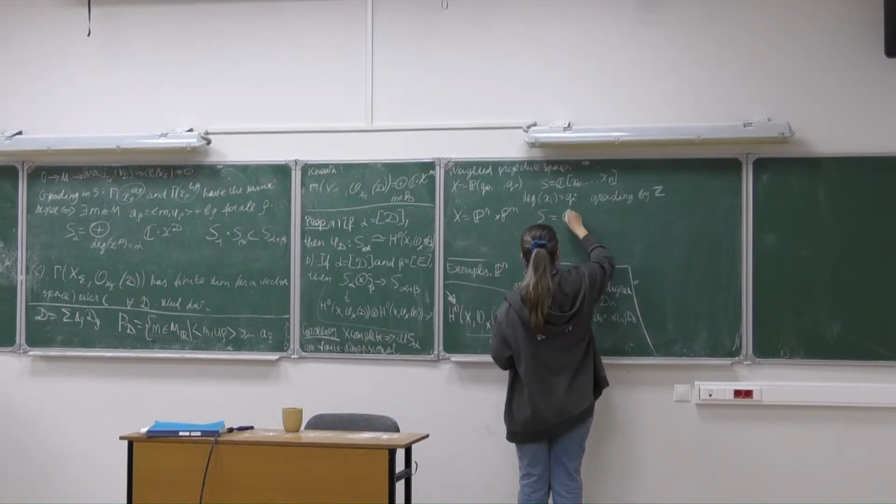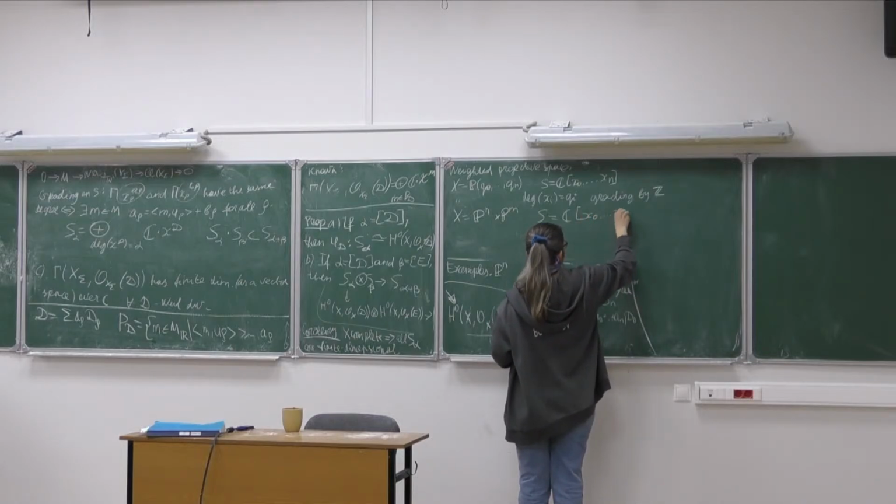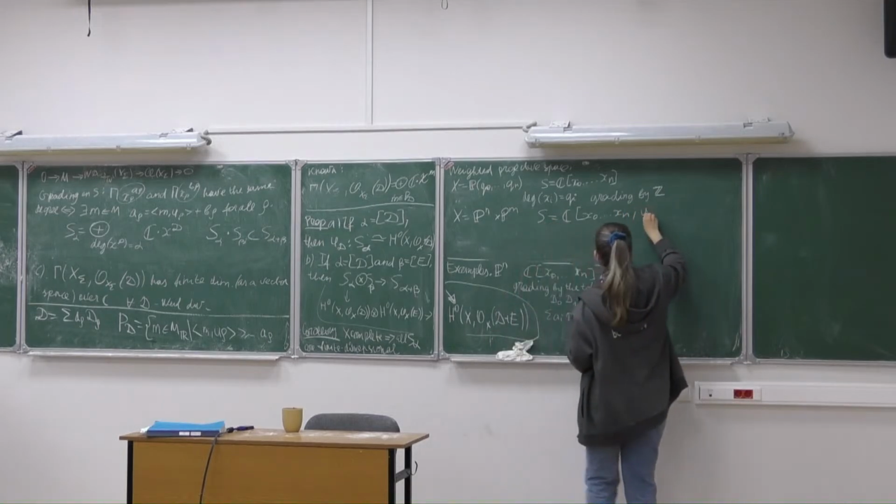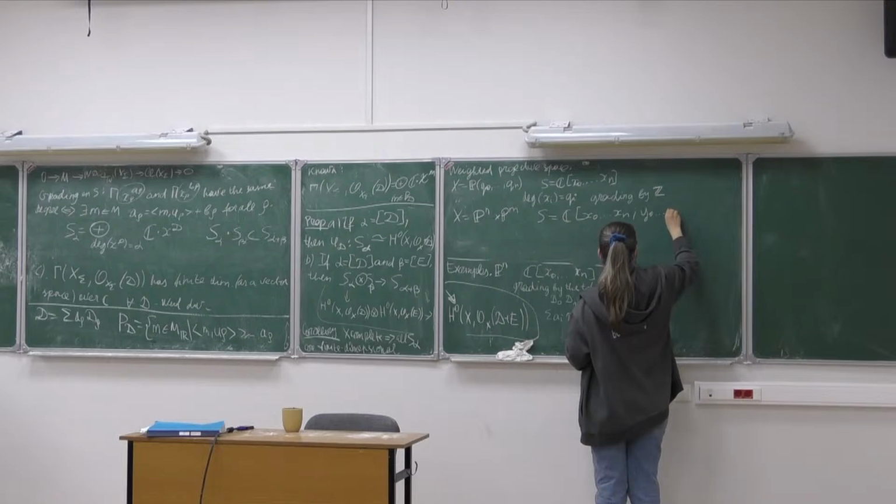So we have a polynomial ring in two sets of variables, x0, etc., xn, and then y0, etc., ym.